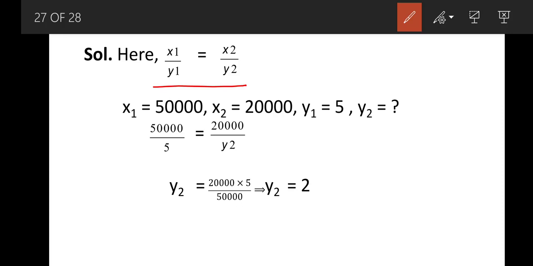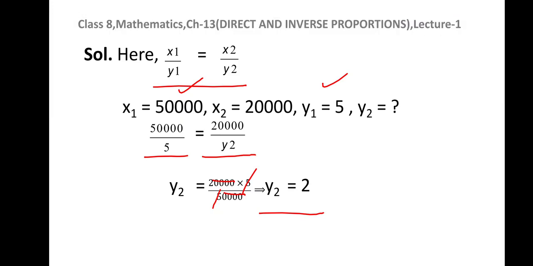So putting the values, 50,000 over 5 is equal to 20,000 over Y2. After cancelling out, you will be able to solve. The value is 2. So when the photograph is enlarged 20,000 times, its enlarged length will be 2 centimeter.